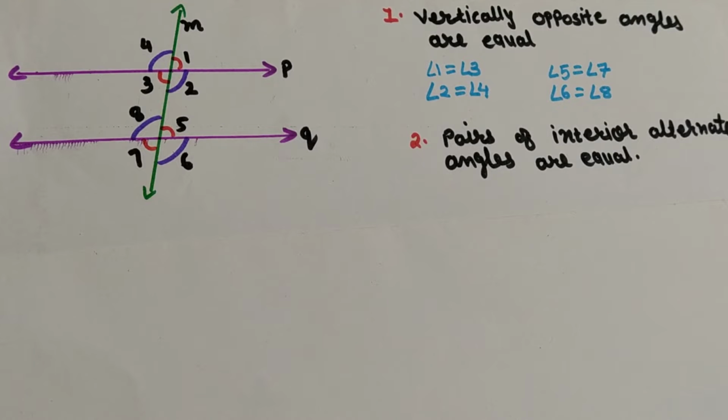The second property says that pairs of interior alternate angles are equal. Here, first we need to learn the meaning of interior angles.